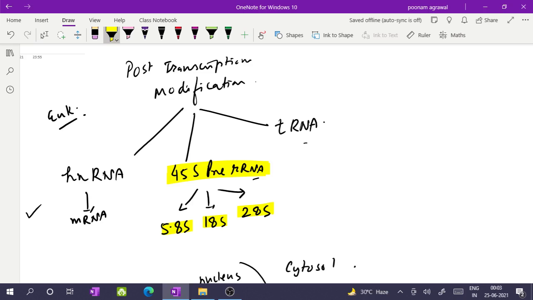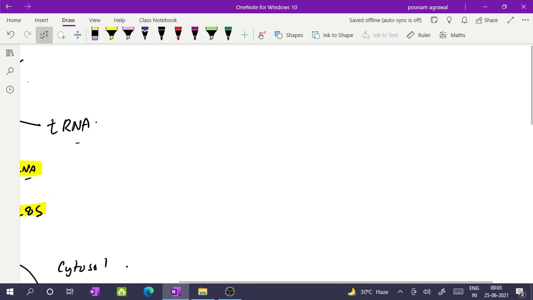This kind of modification seen in pre-rRNA is called cleavage, and it occurs at the site of the nucleolus itself, where it is getting produced. When I previously discussed the modification of hnRNA to mRNA, that process was nuclear, but this is a nucleolar process.